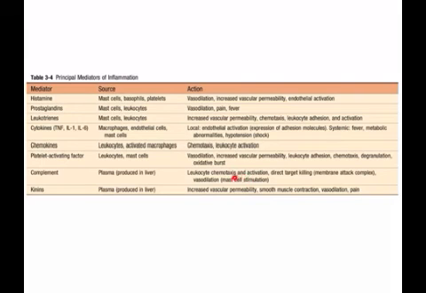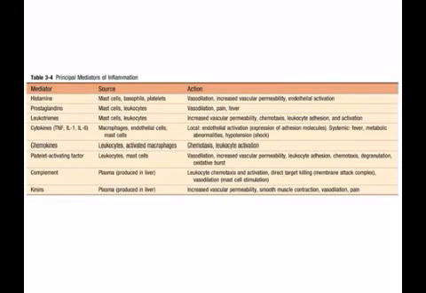These complements are involved in opsonization. Opsonization means recognition of a pathogen. And complements would also lead to direct killing through membrane attack complex, and they also cause vasodilation through mast cell stimulation. So we'll further discuss these complements in the next few slides.